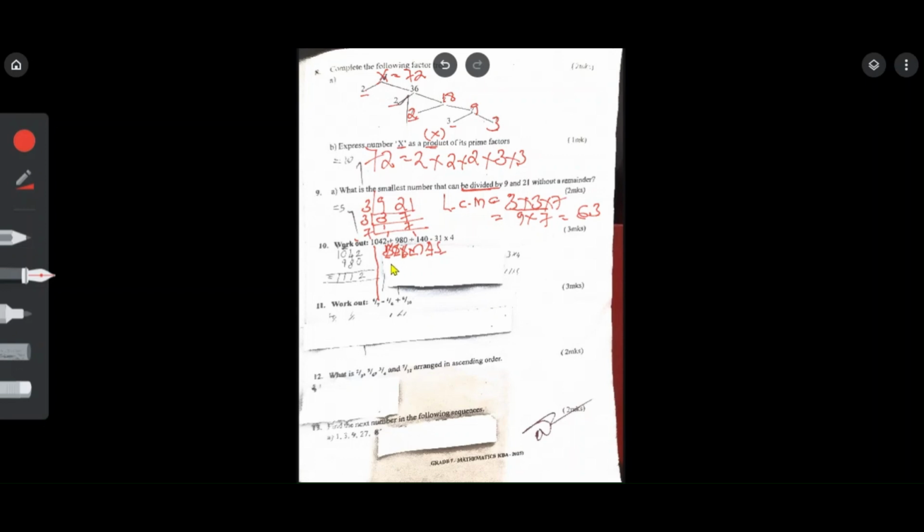So in this sum, the number is 1042, then you're adding 980, then you're dividing by 140, then you're subtracting 31 multiplied by 4. So division lies here. So I pick the two numbers on either side of division.